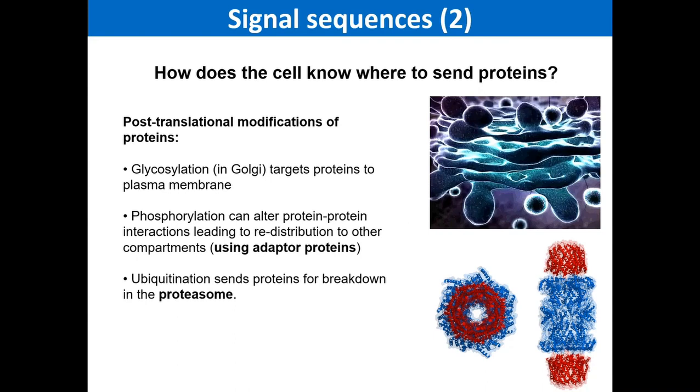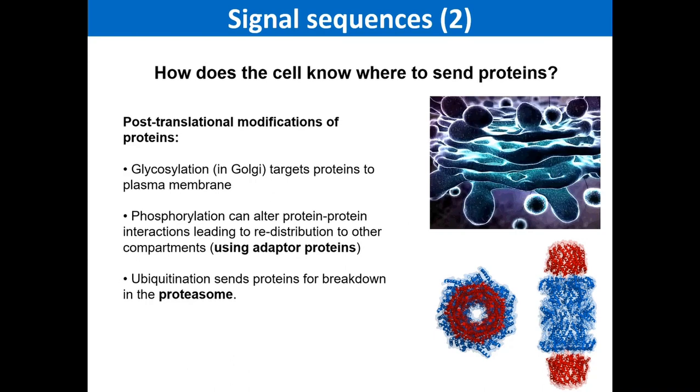And this can be, for example, glycosylation, which occurs in the Golgi system, and it will consist of attaching a glycoside or sugar to the protein with a covalent bond. Phosphorylation. I'm pretty sure you're pretty familiar with phosphorylation. A phosphate, a PO3, will be added via condensation to specific residues in the protein.